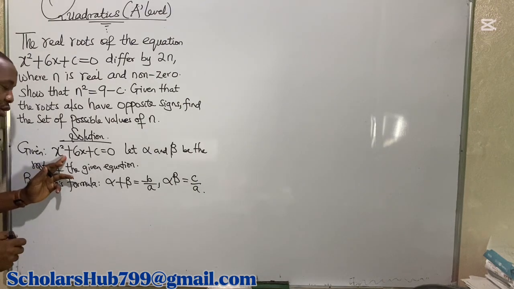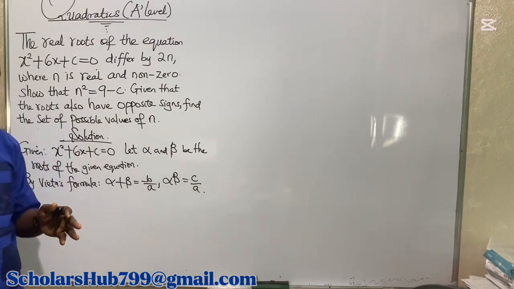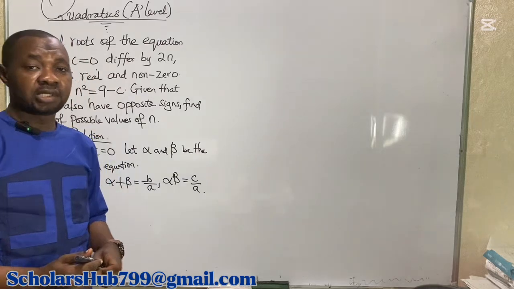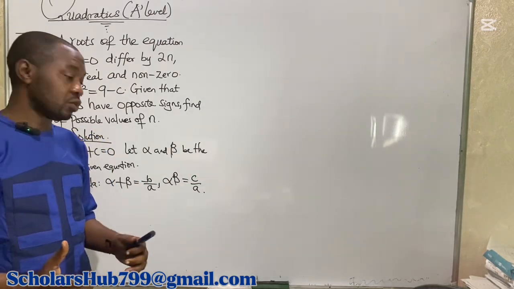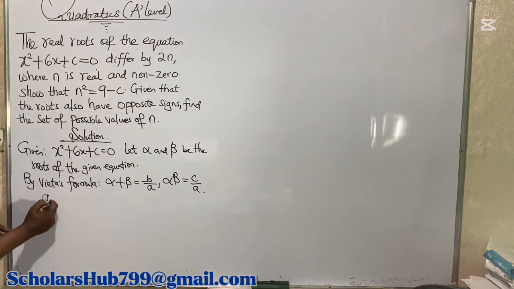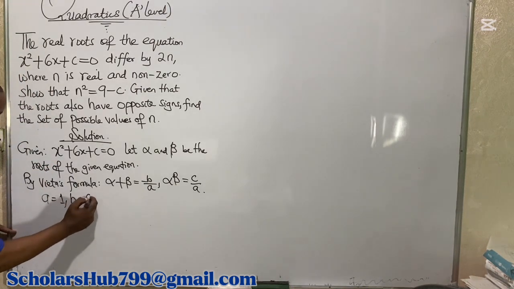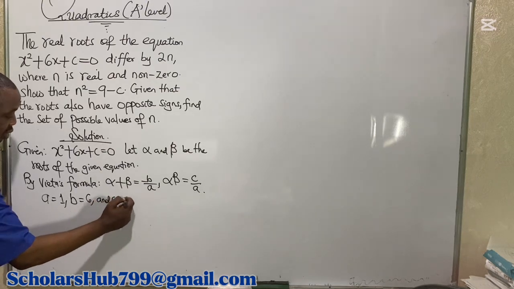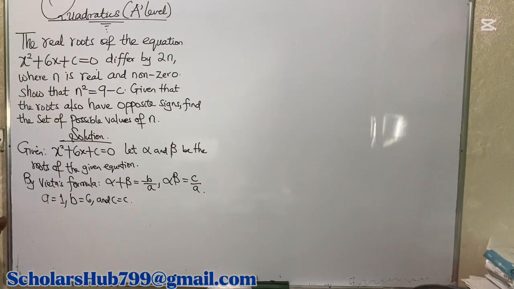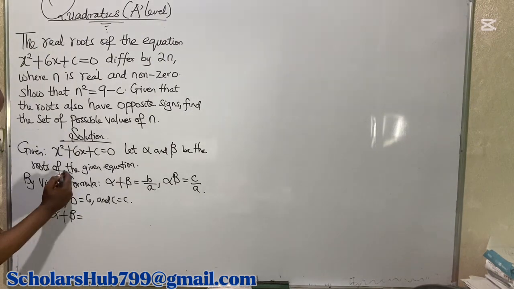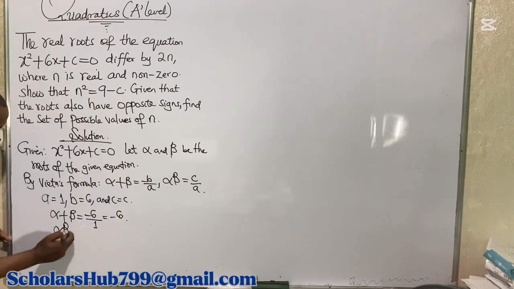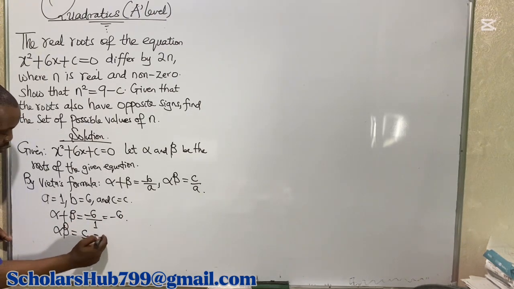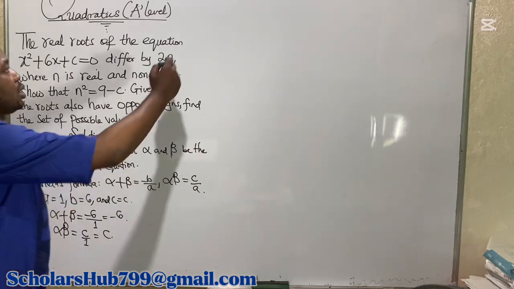Now, when this equation is compared with the general form of writing a quadratic equation, we can say that a equals 1, b equals 6, and c equals c. So for the sum of roots, it's going to be negative 6 over 1, and that will be minus 6. And for the product of roots, it will be c over 1, which is c.